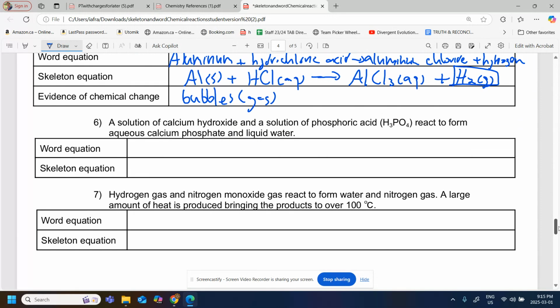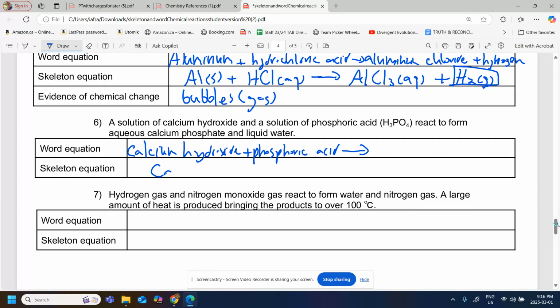All right, and we have two more to do over here. So again, you're checking your work. We have a solution of calcium hydroxide reacting with some more acid. So these are long ones, phosphoric acid, arrow. Now what I'm going to do at the same time is make my skeleton equation.